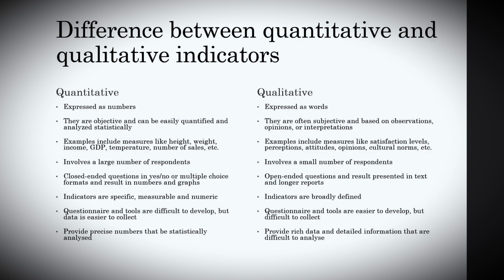But for qualitative, the questionnaires and tools are easier to develop, but data is difficult to collect, as it involves satisfaction, perception, attitudes, etc. Quantitative indicators provide precise numbers that can be statistically analyzed, while qualitative provide rich data and detailed information, but they are very difficult to analyze.